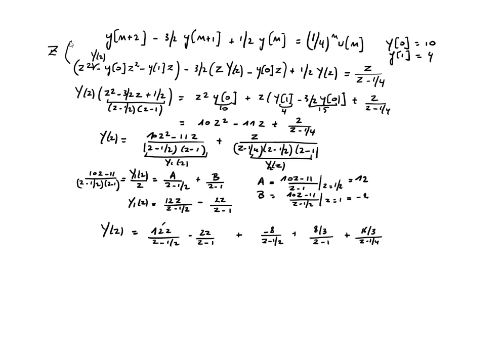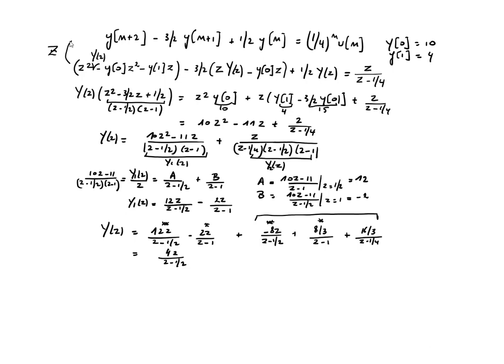Okay, so these have the same denominator, and so we can rewrite it as 4z over z minus a half. Okay, so this one I'm leaving you as an exercise, right?